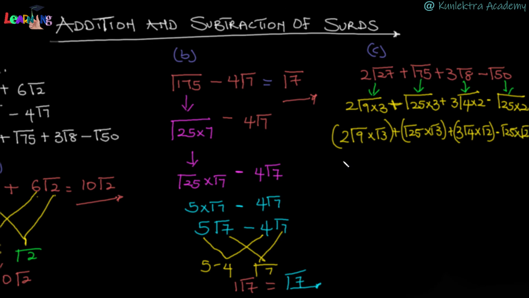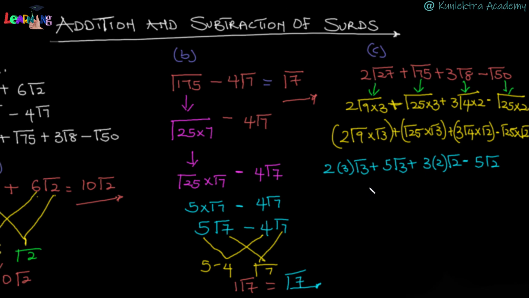Now I'm going to bring that out so we see it very well. Then you have 2 root 9. What is the square root of 9? Square root of 9 is 3, so 3 root 3, plus square root of 25 is 5, so 5 root 3, plus 3 times square root of 4, which is 2, so 2 root 2, minus what is the square root of 25? Square root of 25 is 5 root 2.